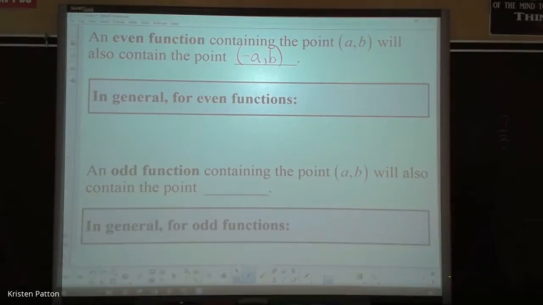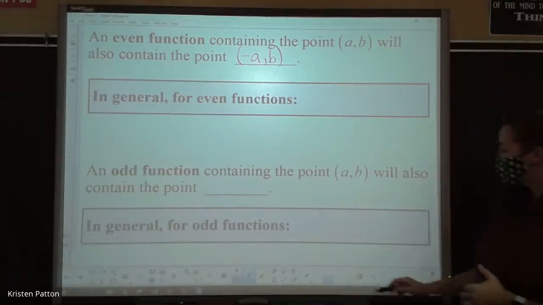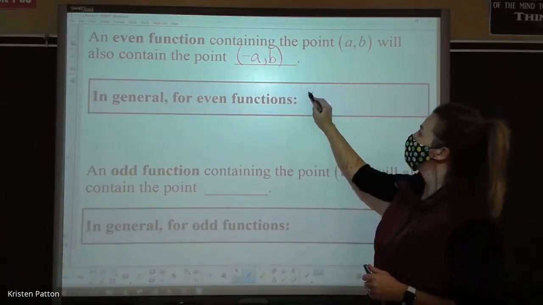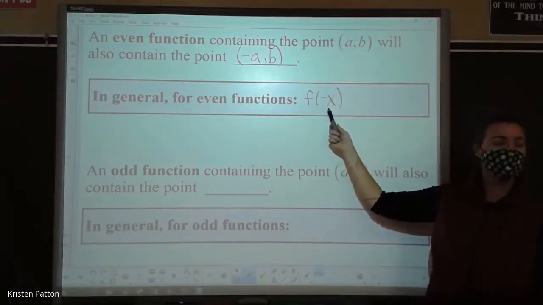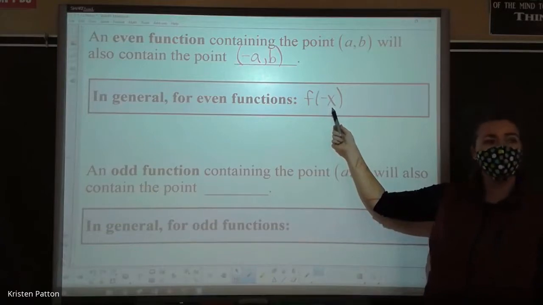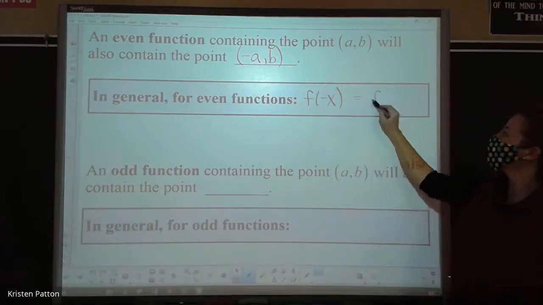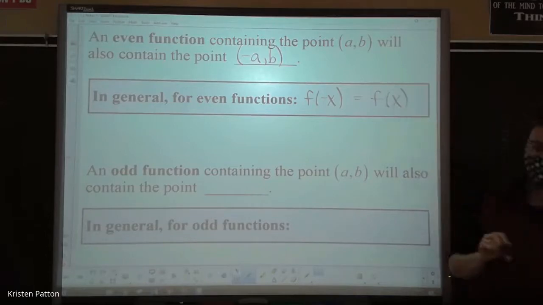Let's write that a little bit differently. In general, for even functions, when you plug a -x into the function, it will still spit out the exact same y. I said something different than what I wrote.